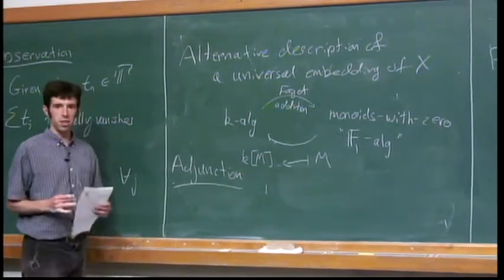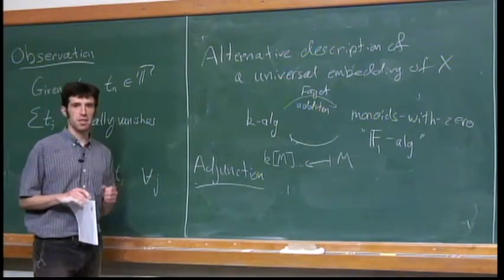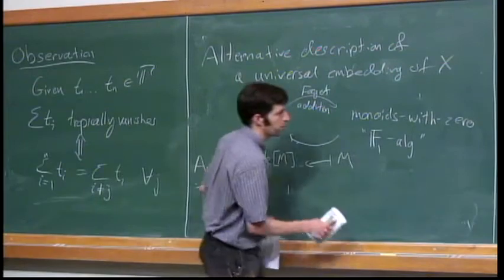So when you have an adjunction, you can go around the loop, and you get a unit and a co-unit for this adjunction, if you like category theory.